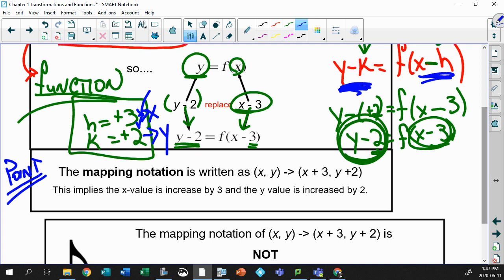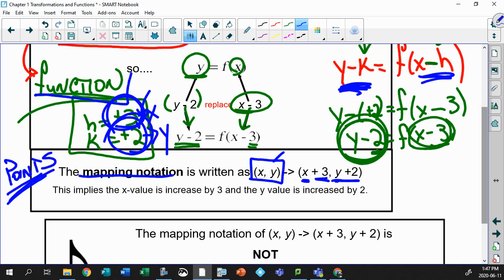So mapping notation says, here's the original point x, y, tell me how does it change? So the point changes, every x is increased by 3. That's why this is a plus 3. Every y is increased by plus 2. So the mapping notation deals with the points.